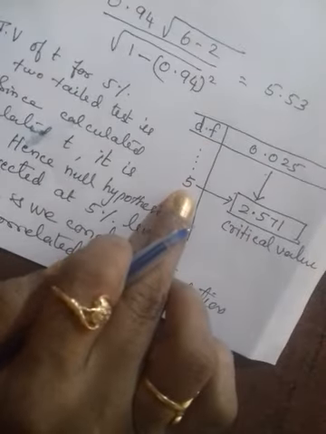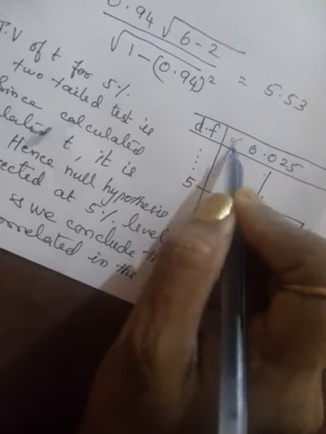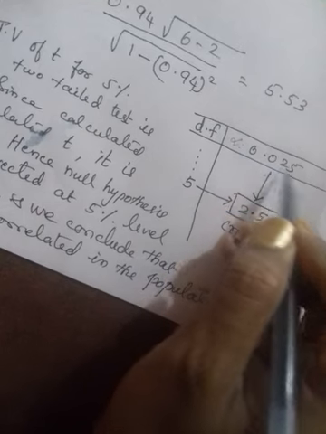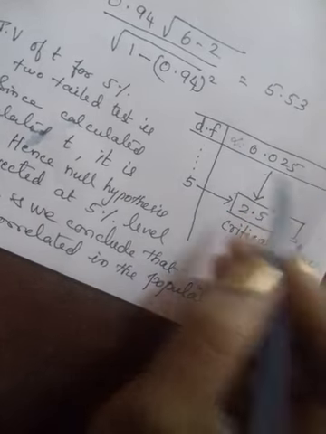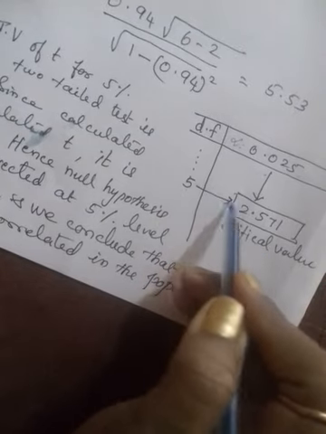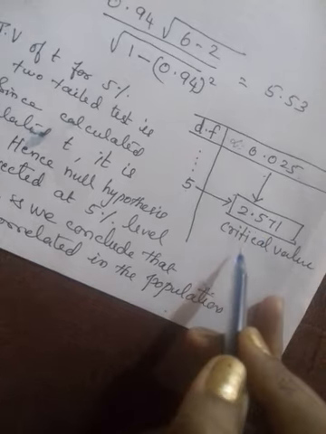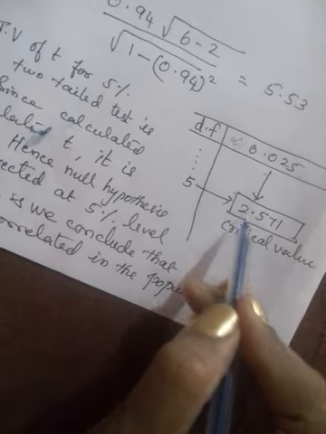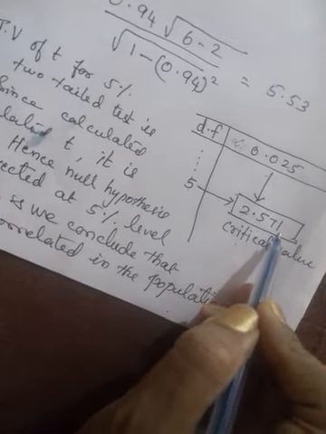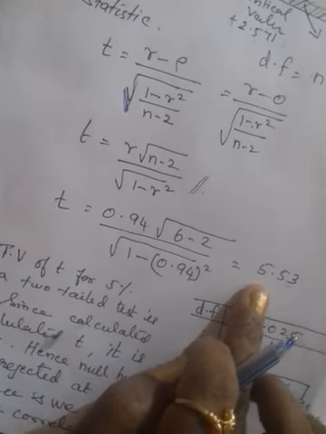Take degree of freedom 5 and alpha equal to 0.025 in the table; the corresponding row and column gives your critical value. This 2.571 is your table value, and 5.53 is your calculated value.